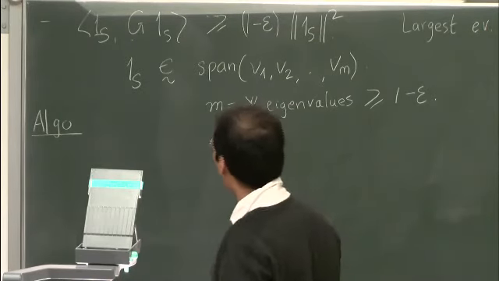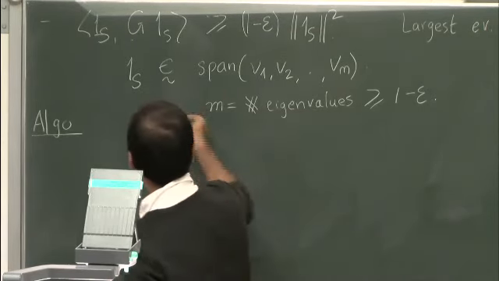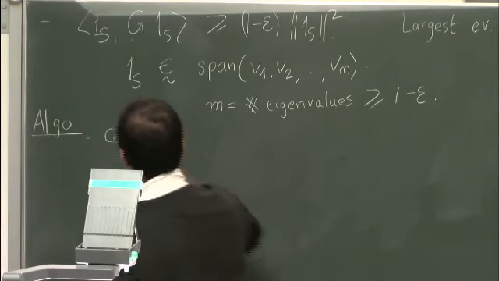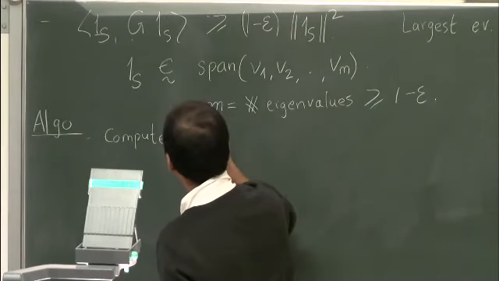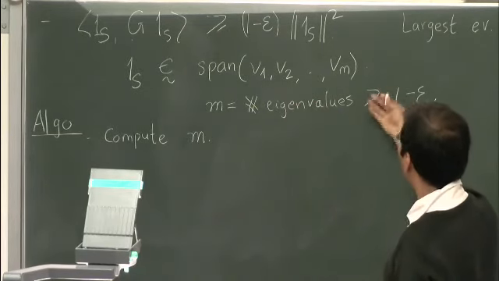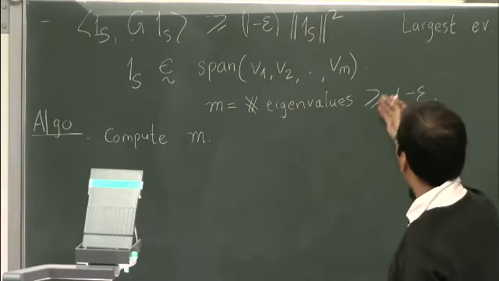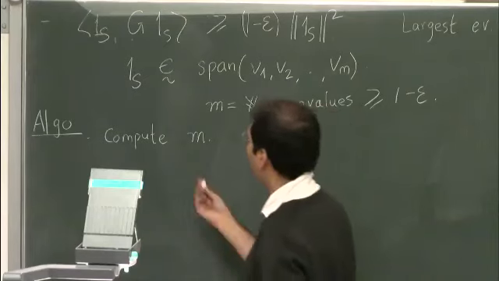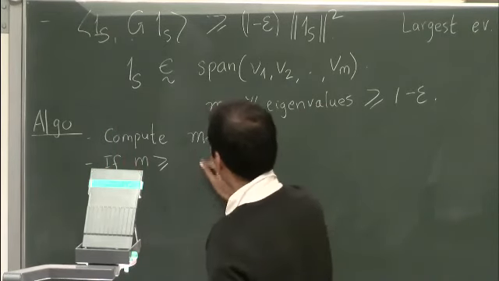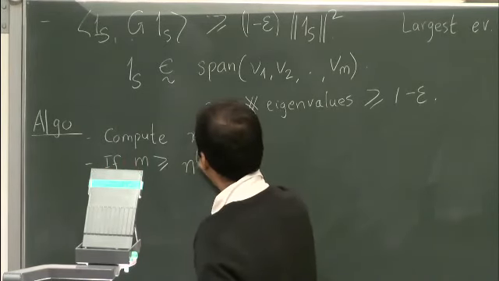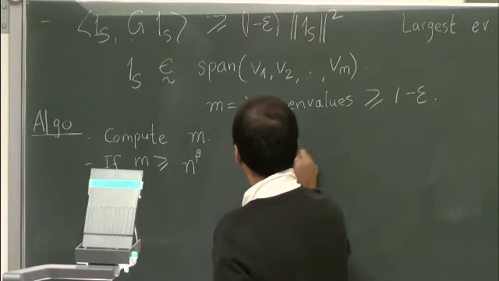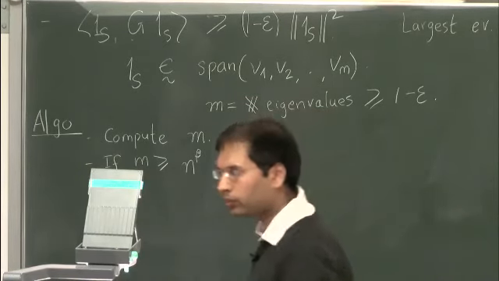So here is my proposed algorithm. I compute all the eigenvalues and compute m, the number of those which are at least 1 minus epsilon. If m is too large, if m is greater or equal to, let's say, n to the beta, I simply accept.